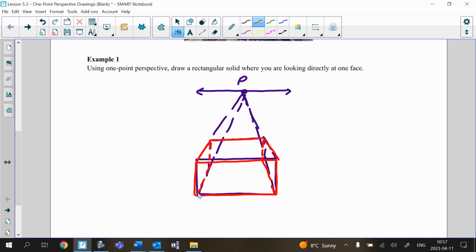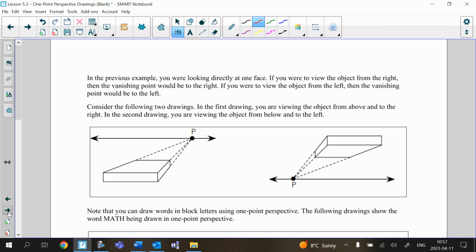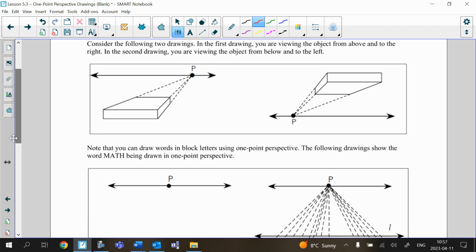If you move it to the right, that means you're looking at it from the right. You can put this below, and then you're looking up at the rectangular solid. So like here. So see what happens when we move it. This is very similar to what we just did, except here we move the point P to the right.